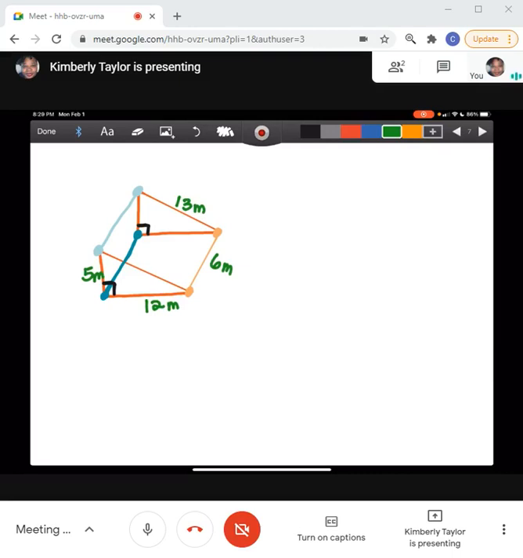So anywho, if I wanted to find the volume of this, remember I'm always working with it because it's a prism. This is a triangular prism.